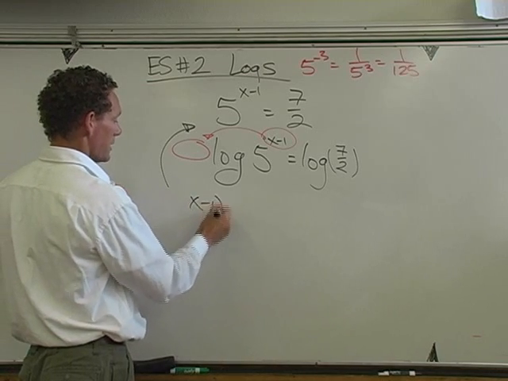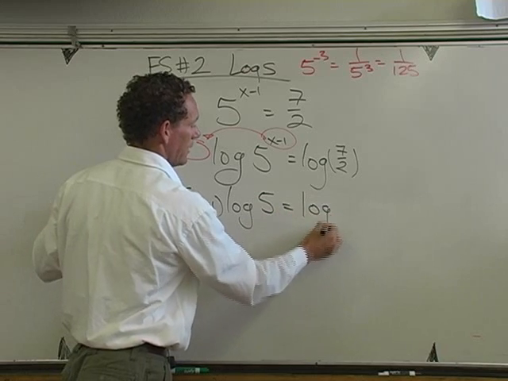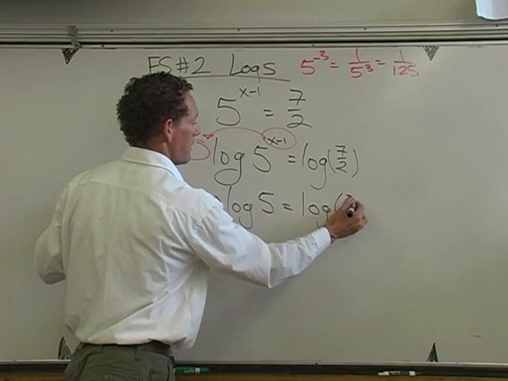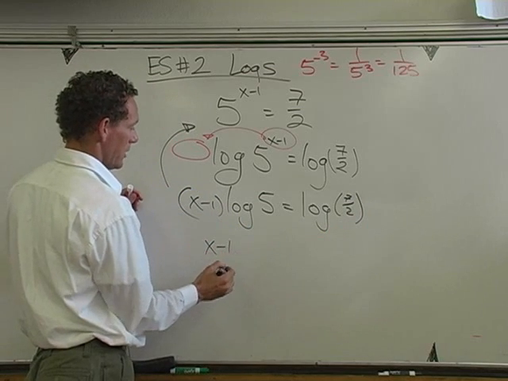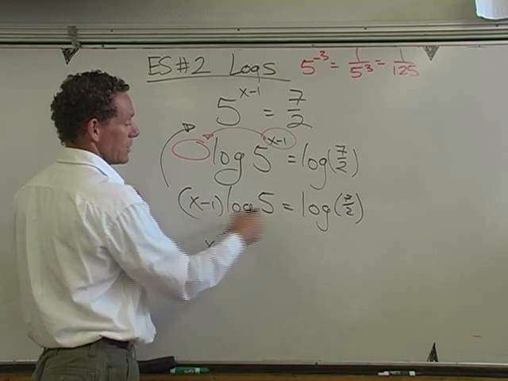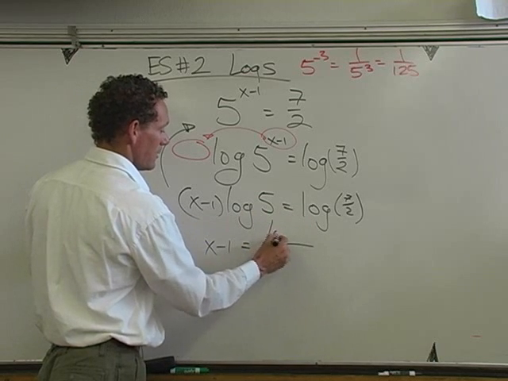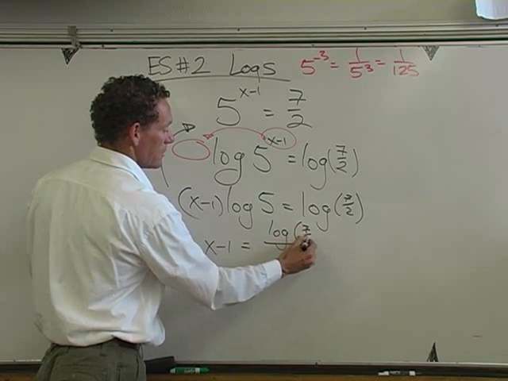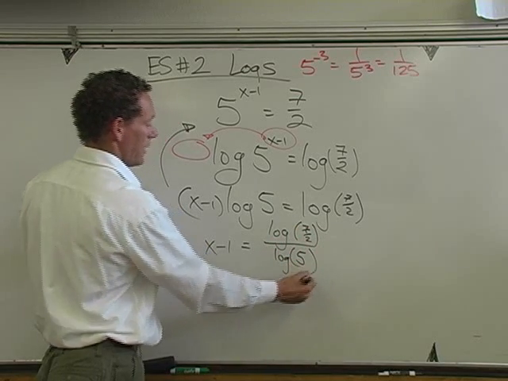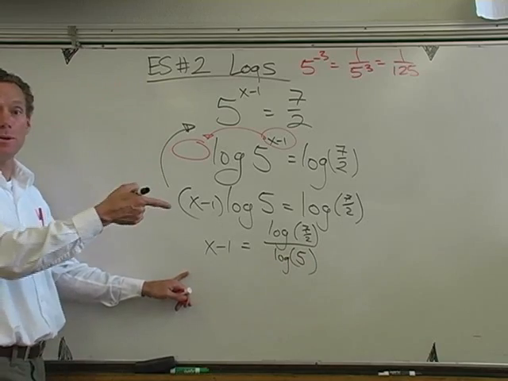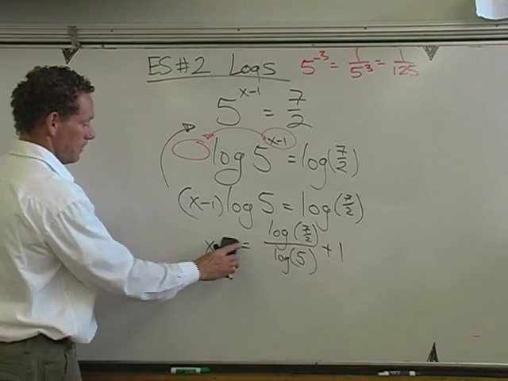Okay, so x minus 1 times log of 5 equals log of 7/2. And our second to last step, divide both sides by log of 5. So we get x minus 1 is log of 7/2 divided by log of 5. And our last step would be to add 1 to both sides. So I'm going to write that.